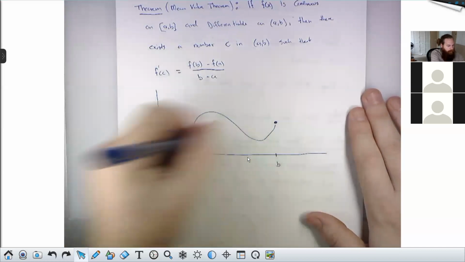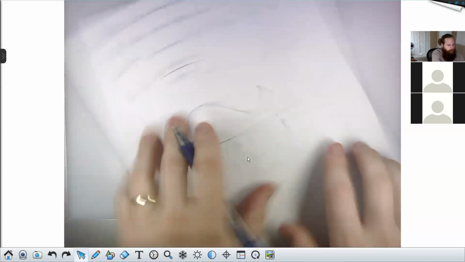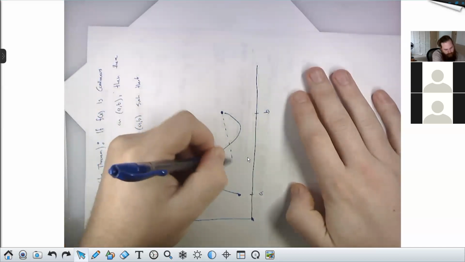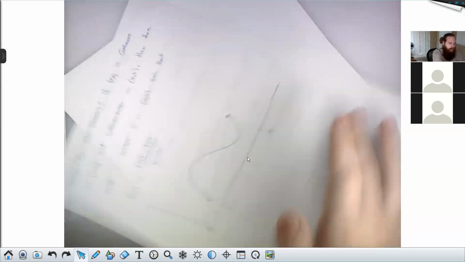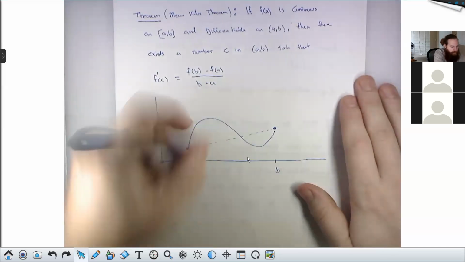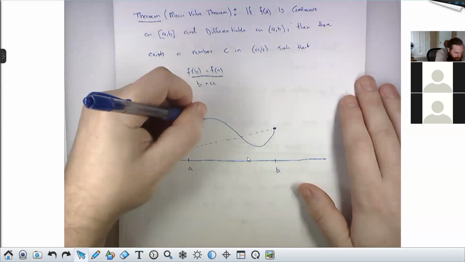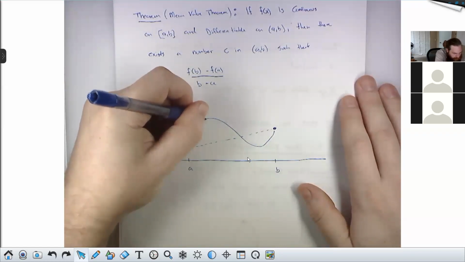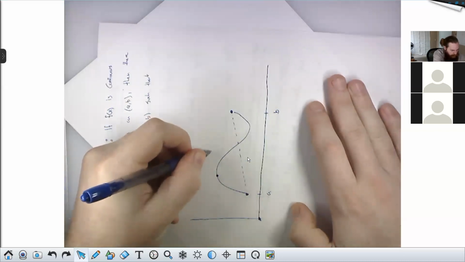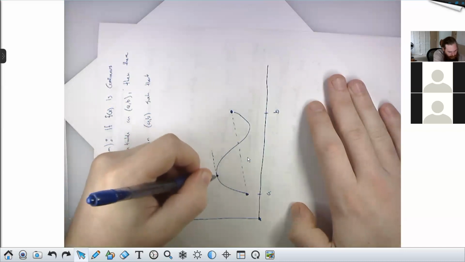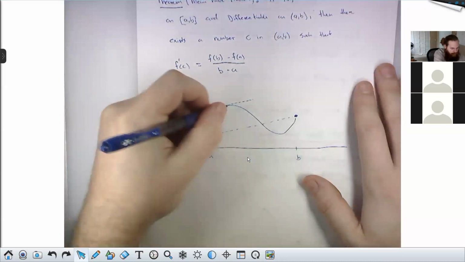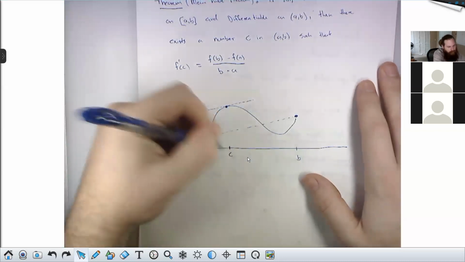If you take the slope of the line connecting these two points, somewhere in between there must be a parallel tangent line. So to me, that appears to be about here. So this would be c.